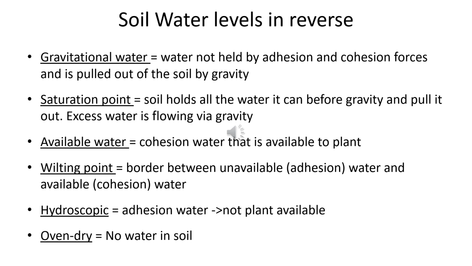Okay? And that's going to be held primarily by adhesion, very tightly held to the soil particle. And then if you keep drying it, in an oven, say, to where there is no water in the soil at all, that's what we call oven dry.